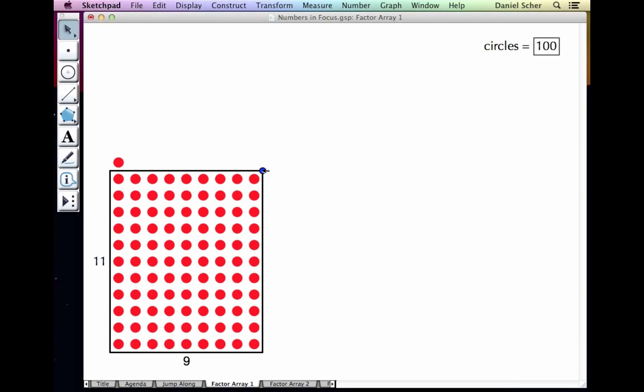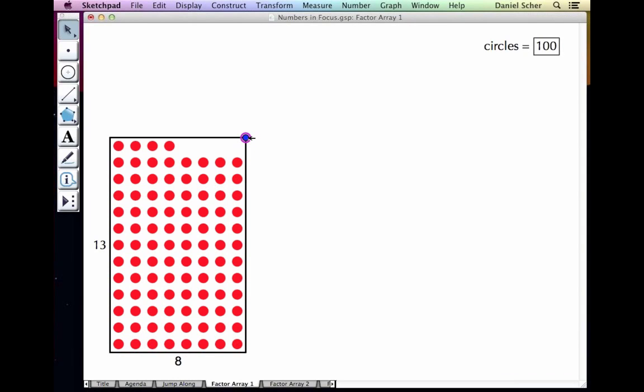I made this model and brought it into class, and students very quickly wanted to give numbers much bigger than 100. So I also provided a second version of this with smaller dots, which allows us to view larger numbers. Here we have 500 circles.